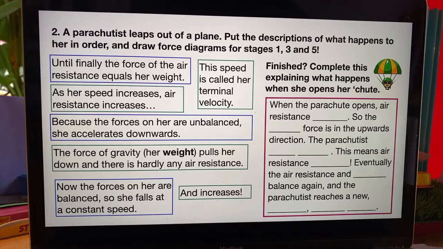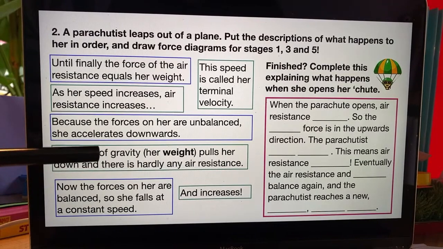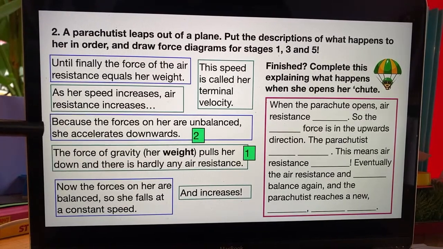A parachutist leaps out of a plane. The next step is the force of gravity, her weight, pulls her down, and there is hardly any air resistance, okay? This must be step one because there's no air resistance yet, and for the rest of the time there will be. So that was step one. So because the forces on her are unbalanced, she accelerates downwards. That was step two.